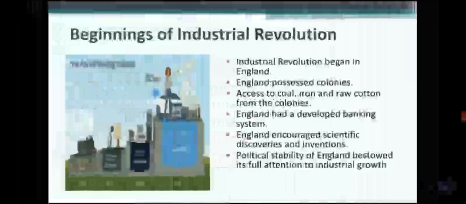England possessed the required infrastructure for textiles developed by immigrant artisans from the Netherlands. England had a developed banking system, a growing entrepreneurial class, and potential investors. Encouragement of the Royal Society of England for scientific discoveries and inventions. Political stability also led to new invention in England.